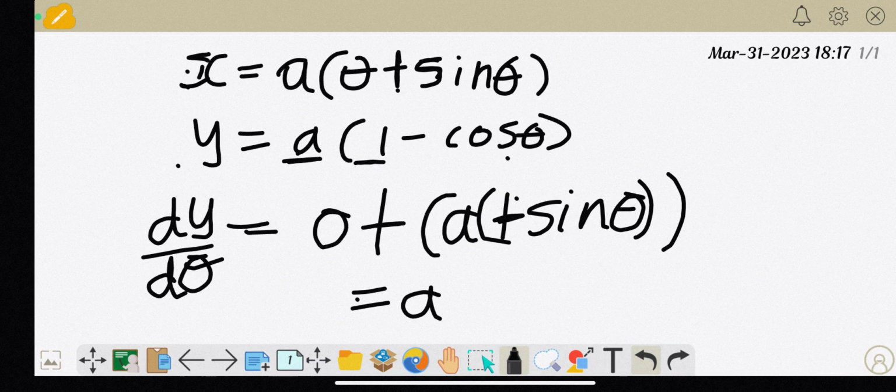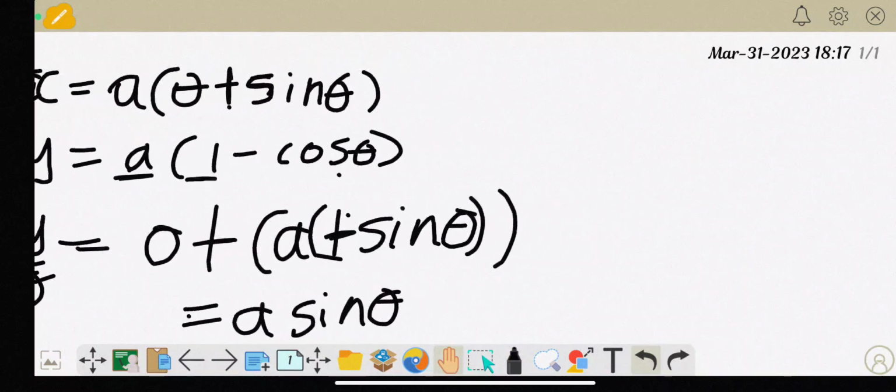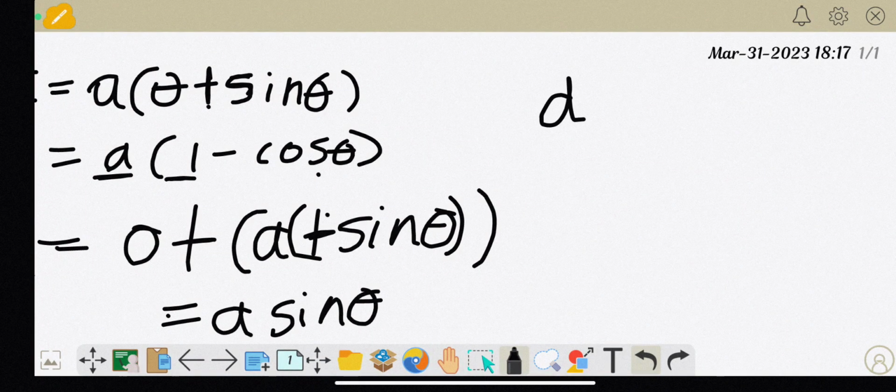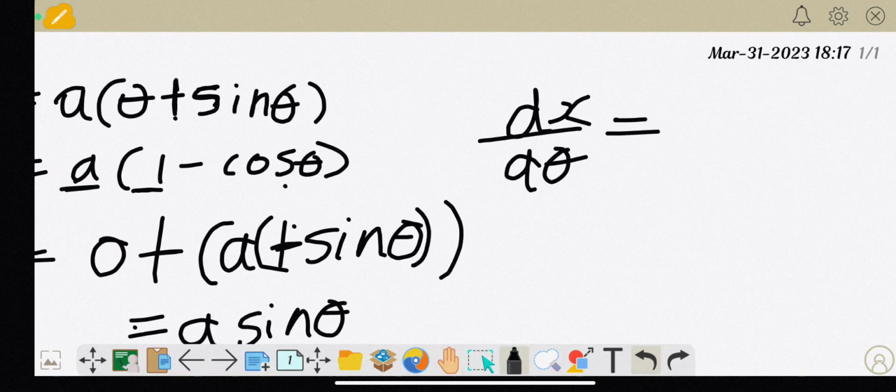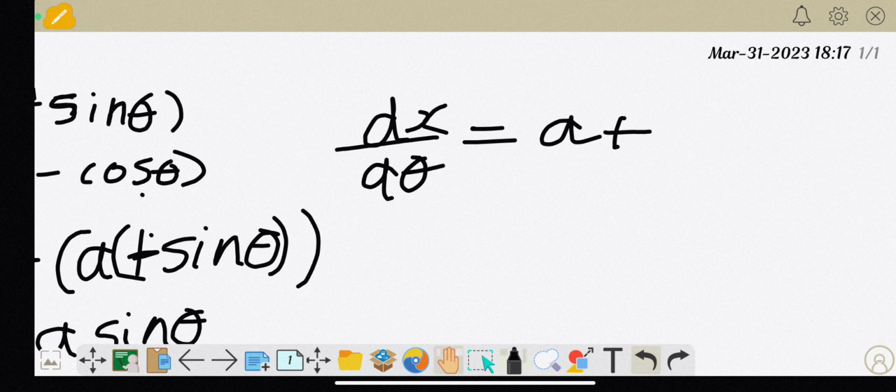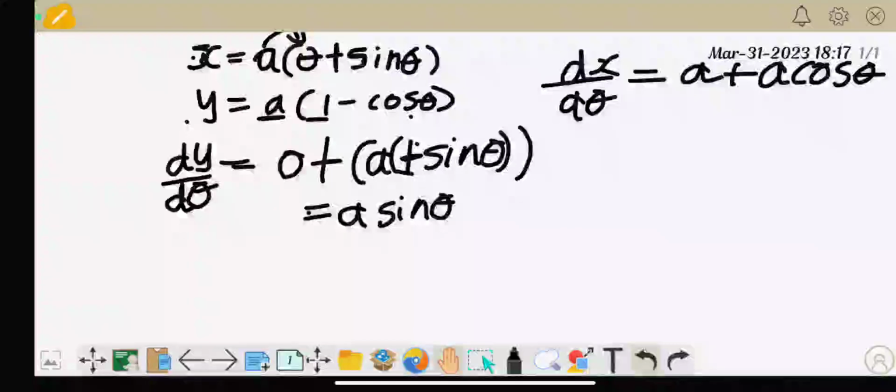So a sin theta. And you can do dx by d theta also. dx by d theta: a into theta, differentiation of a theta is a. Then a into sin theta, differentiation of sin theta is cos theta, so a cos theta.